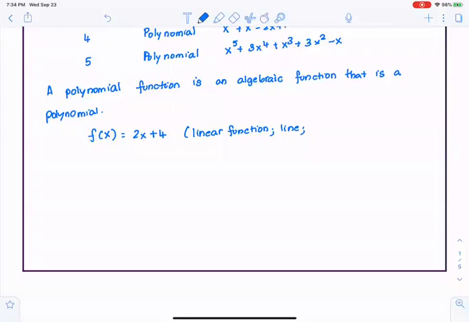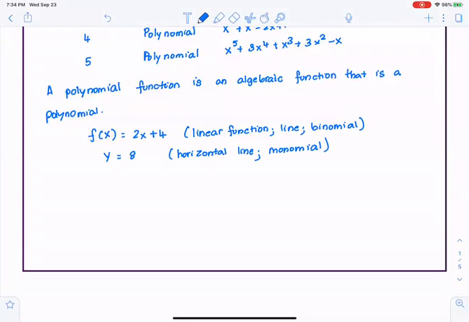In this case, that would simply be a binomial because it has two terms. If I had y equals 8, that is a horizontal line. And it is a monomial because the right-hand side has only one term.